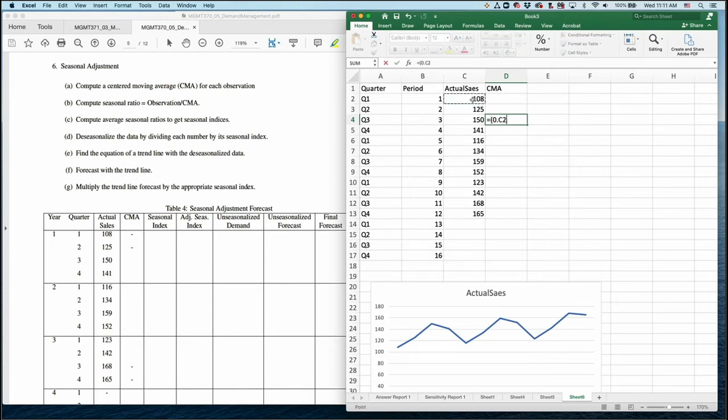Q1 case, we have to multiply 50% plus Q2 is just ones, Q3 ones, Q4 ones, and finally again Q1 case 50%.